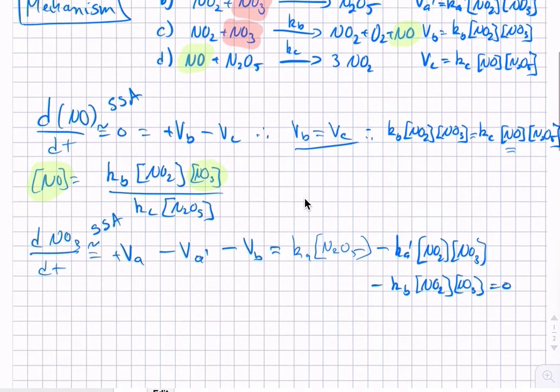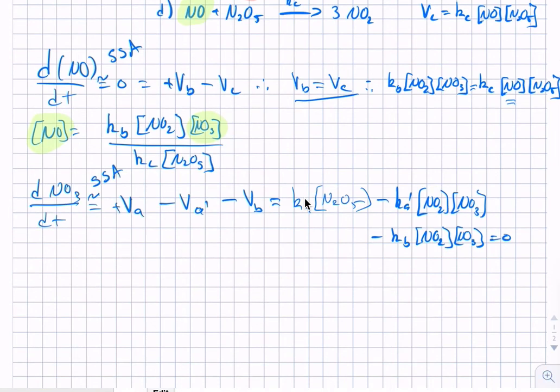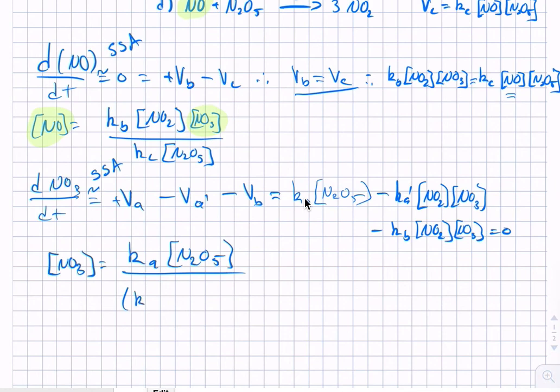If we take this and solve for NO3, it turns out that the concentration of NO3 is going to equal Ka times the concentration of N2O5 divided by the sum of Ka prime plus Kb times the concentration of NO2.